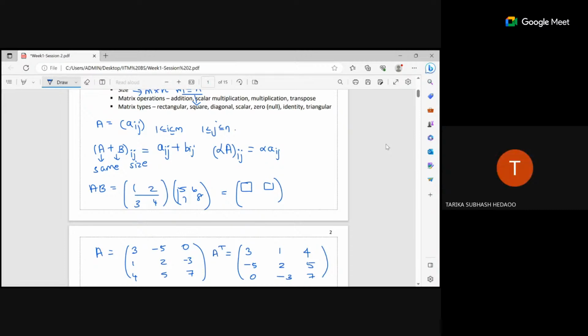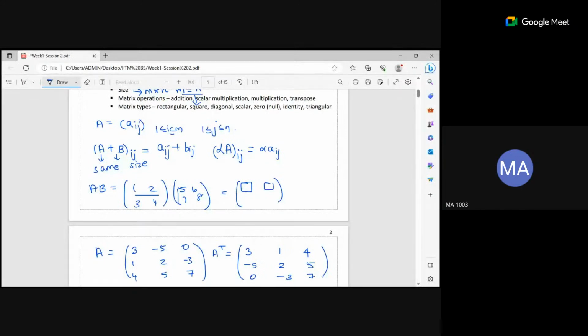Then another thing I wanted to ask is, do submatrix and subset have the same concept, or are they different, like a subset of a matrix? There is no concept of a subset of a matrix. If you have a group of matrices, let's say, then there is a subset.